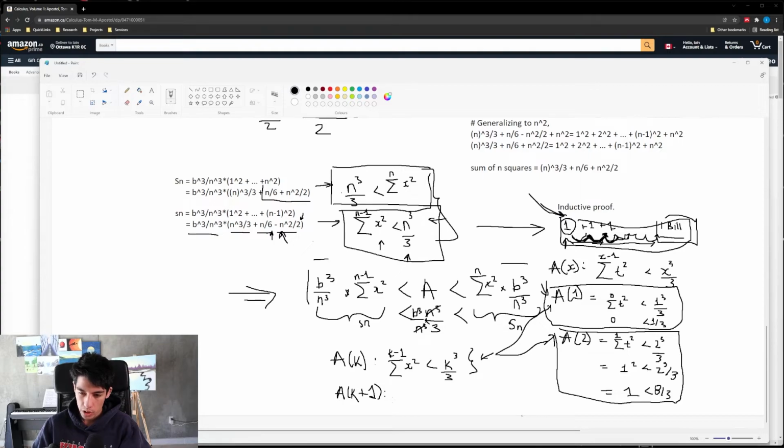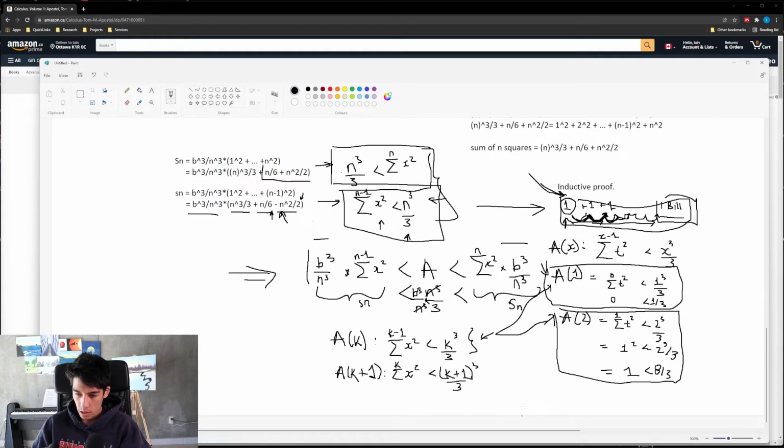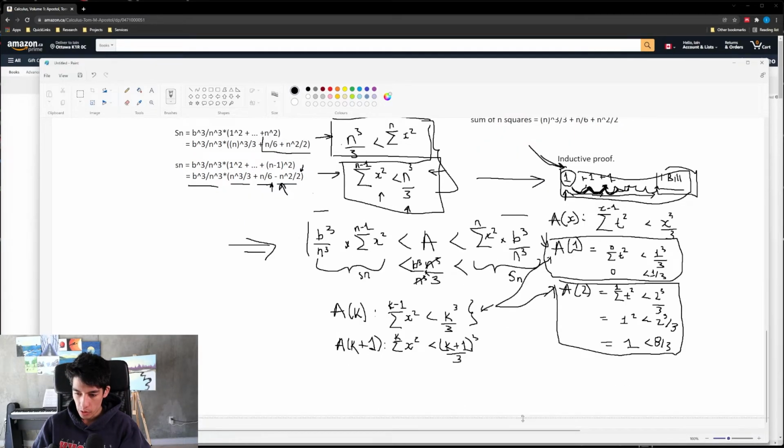Then we want to show that this holds for the case where the sum of x squared up to k is less than k plus 1 cubed over 3. This is the behavior we want to prove.